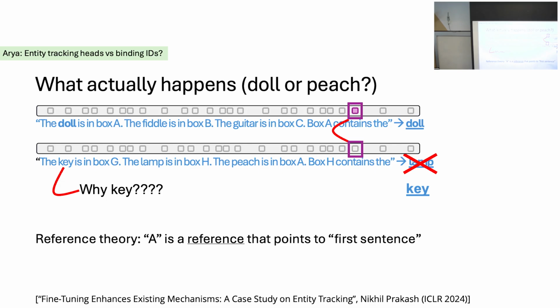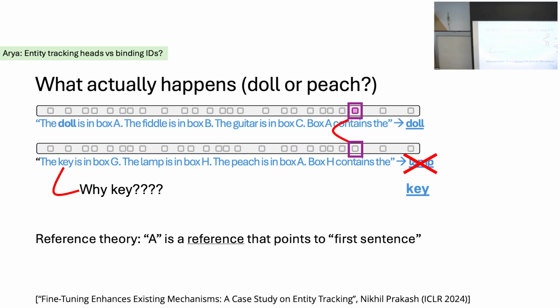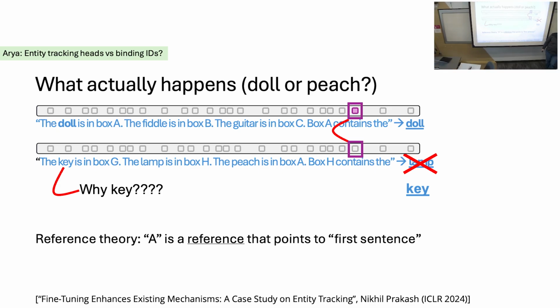What has been resolved to is a pointer. It's resolved to a pointer that says, whatever you're talking about is a container or a reference to the thing that was filled in sentence number 1. If you need to know anything about A, it would behoove you to go refer to sentence number 1.